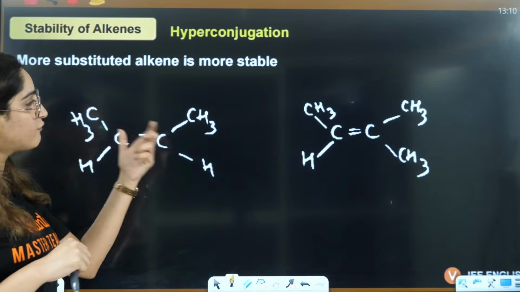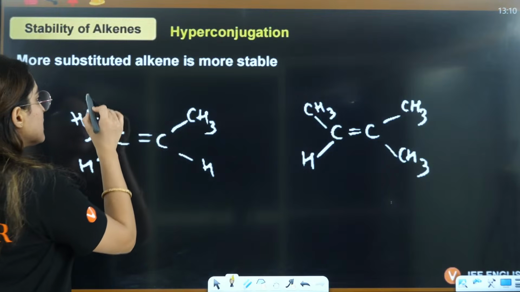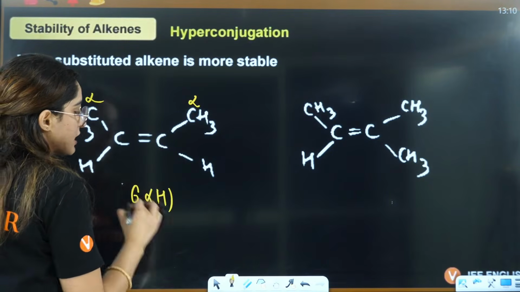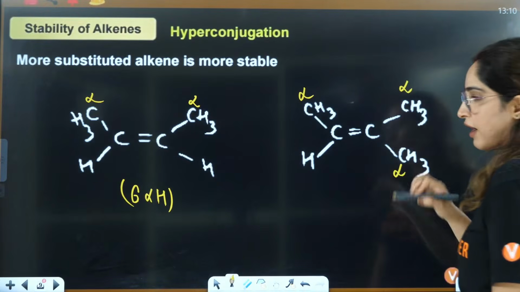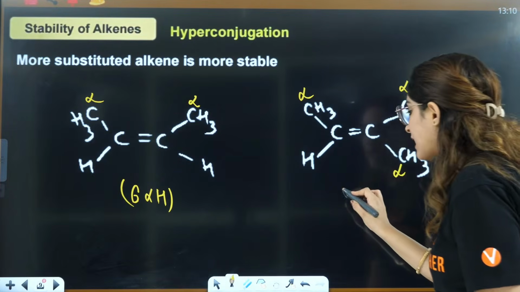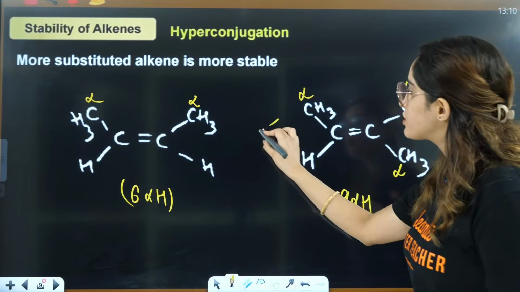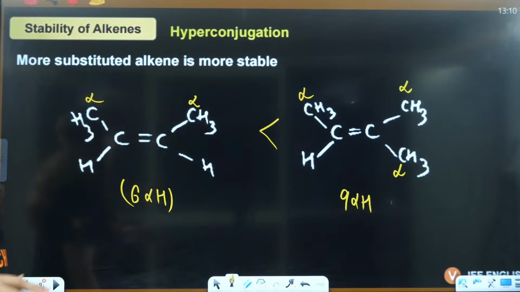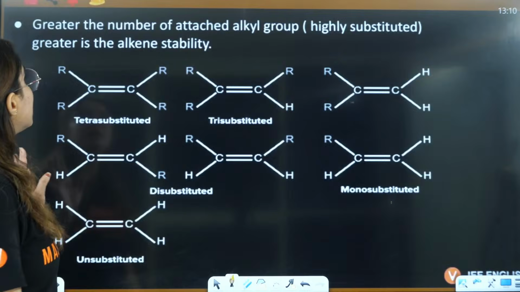But ma'am, if alpha hydrogens are the same? Here it is not the same. Here, this is alpha, this is alpha, this is having 6 alpha hydrogens. Here this is alpha, this is alpha, this is alpha. How many alpha hydrogens? 3 plus 3, 6 plus 3, 9 alpha hydrogens. So definitely this is going to be more stable.